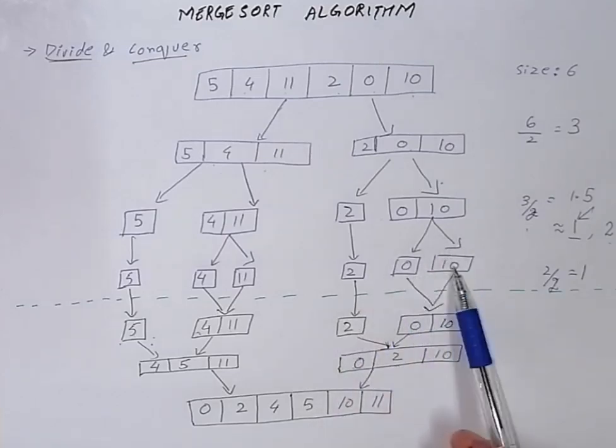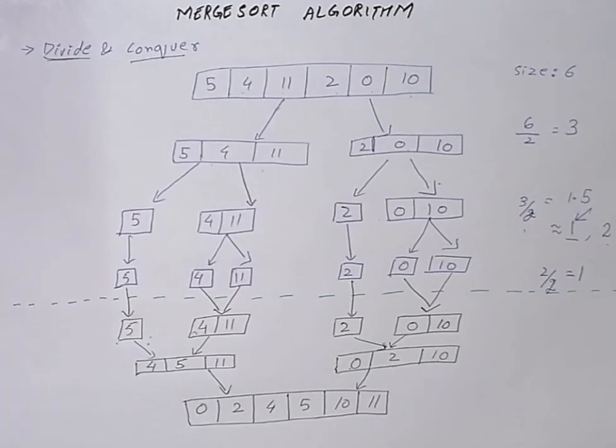We created solutions for smaller sub problems, then a bit larger, then a bit larger problems, and in the end, step by step, we figured out the solution or sorting of this particular algorithm.